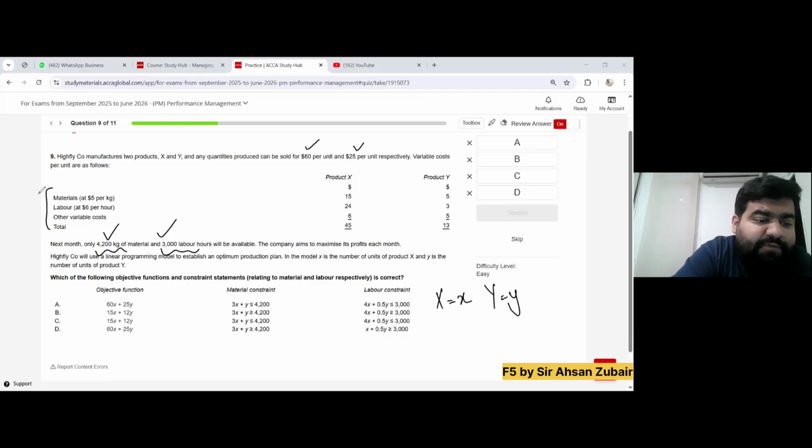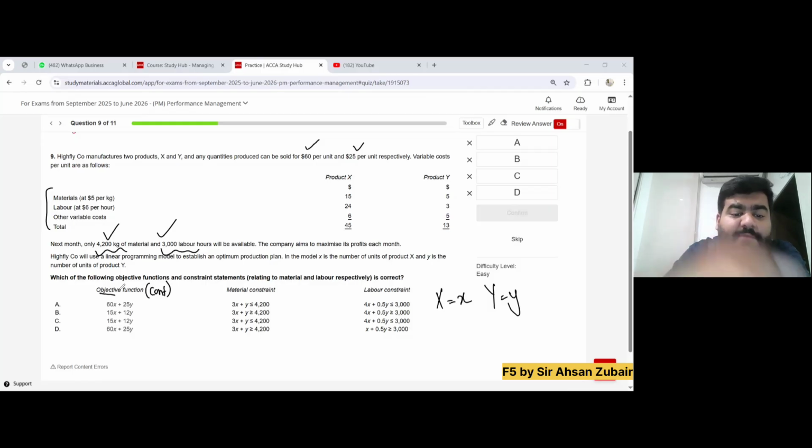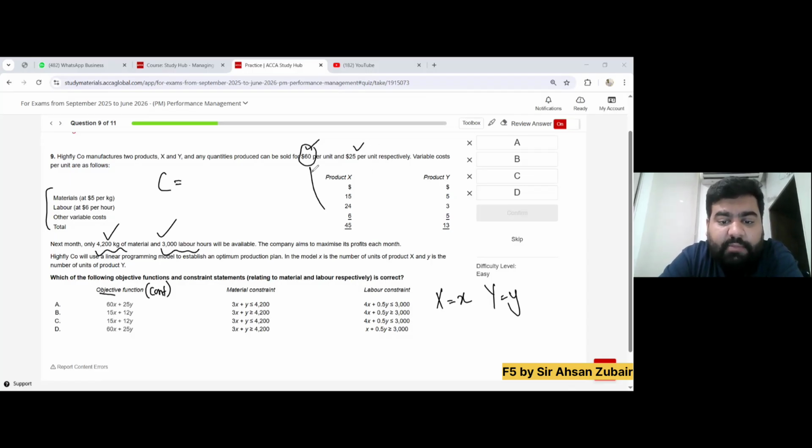First of all, the objective function. The objective function is always the contribution, because your objective is to maximize the profit, maximize the contribution. So what will be the equation for that? The selling price for X is 60 and variable cost is 45, so contribution is 15 here.